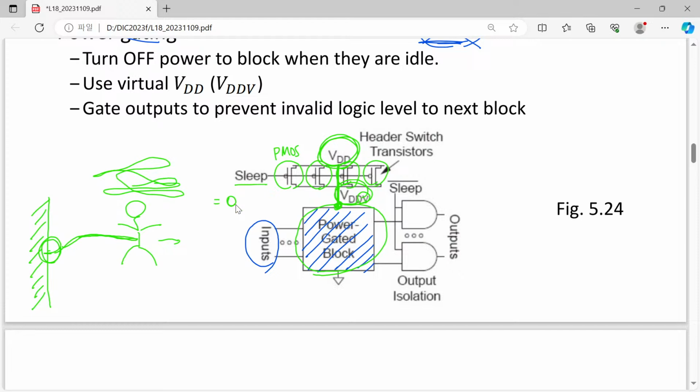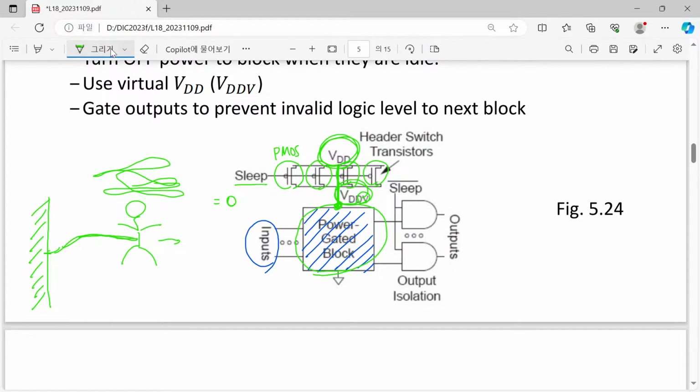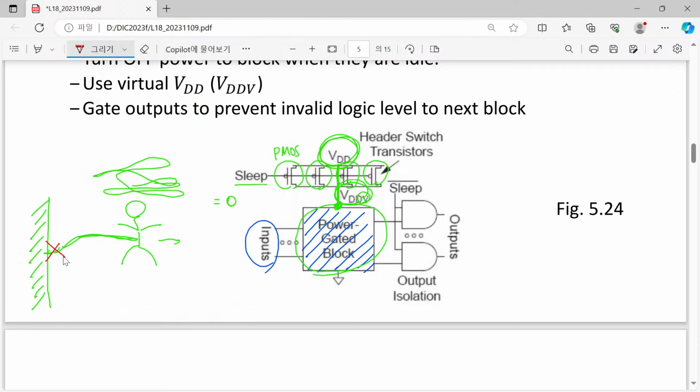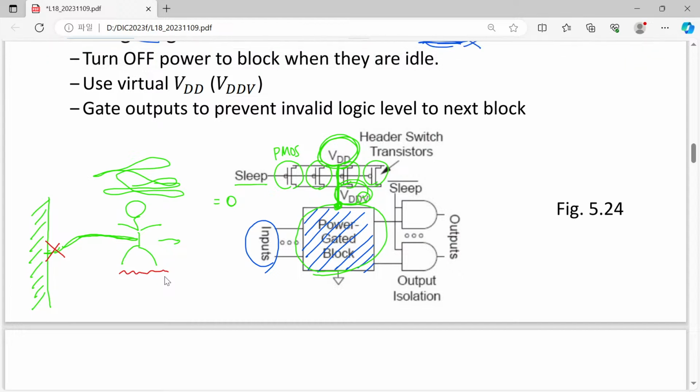So that is the situation shown here. Then our next goal is how can we disconnect this line? If we simply disconnect this line, then what will happen? This toy will not move any longer, and the power consumption will be just 0.